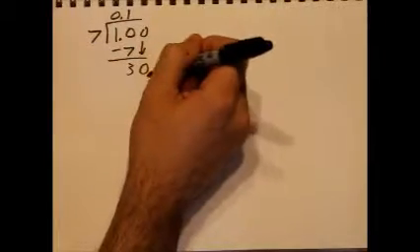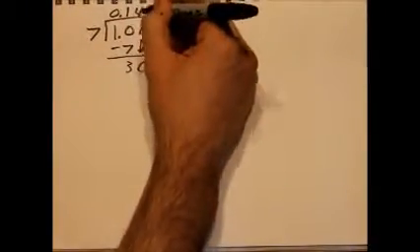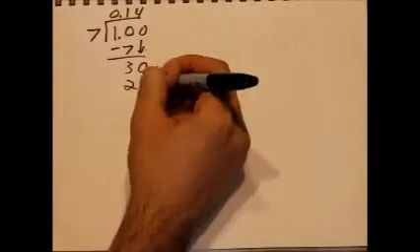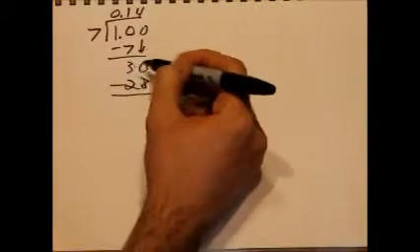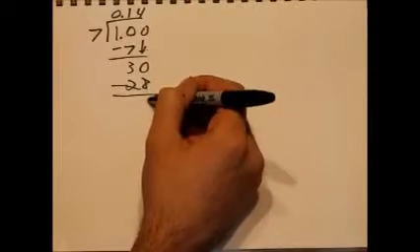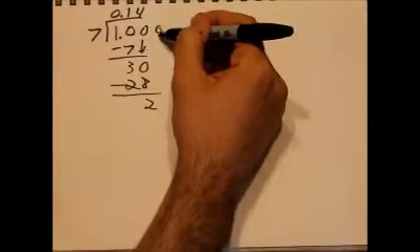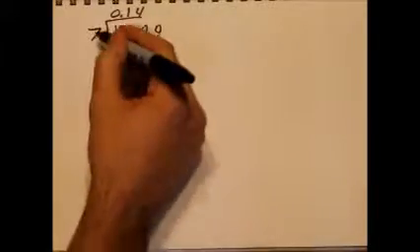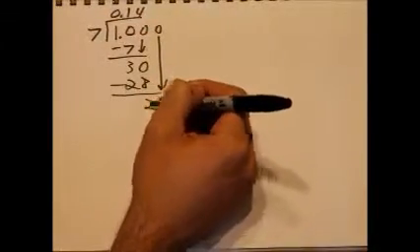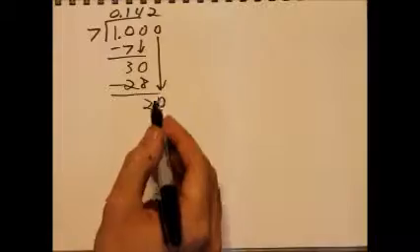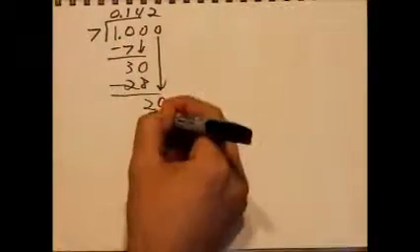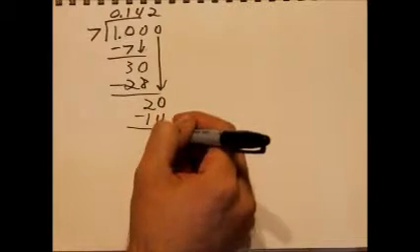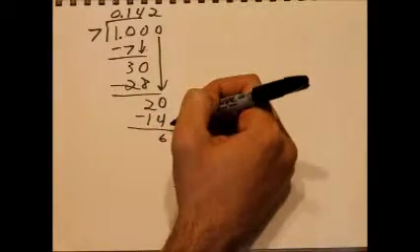7 will go into 30 4 times. 7 times 4 is 28. 30 minus 28 is 2. Bring down another 0. 7 will go into 20 2 times without going over. 7 times 2 is 14. 20 minus 14 is 6.